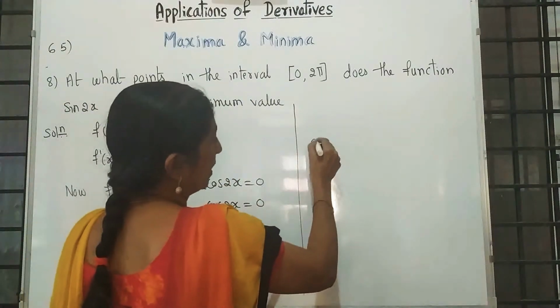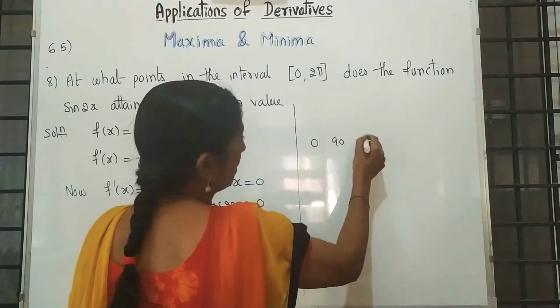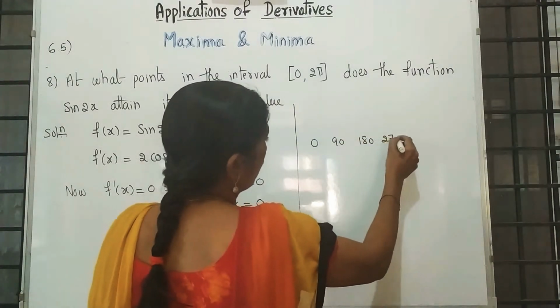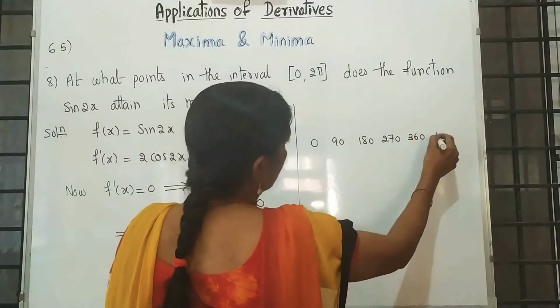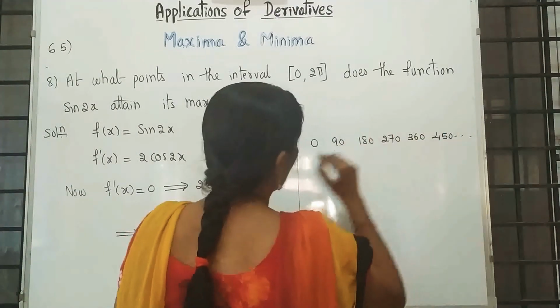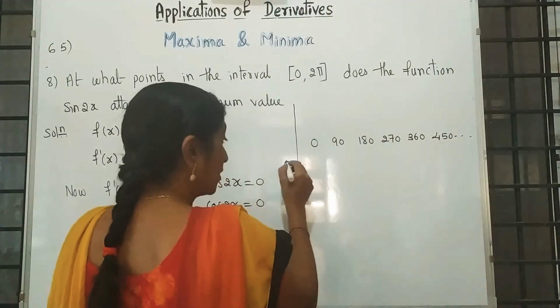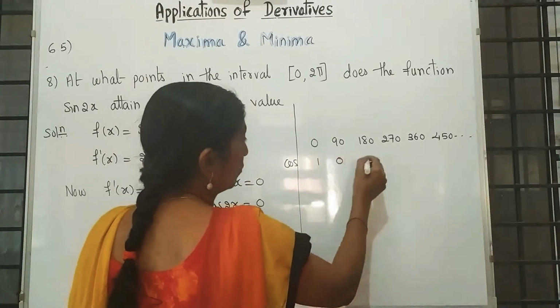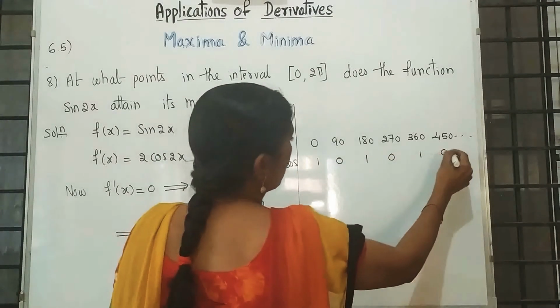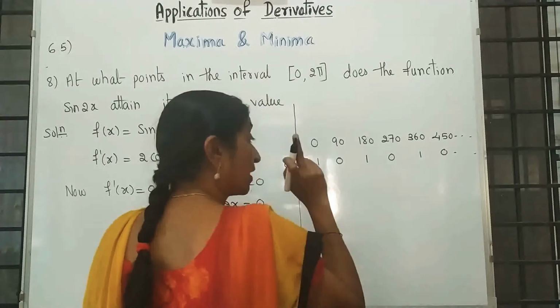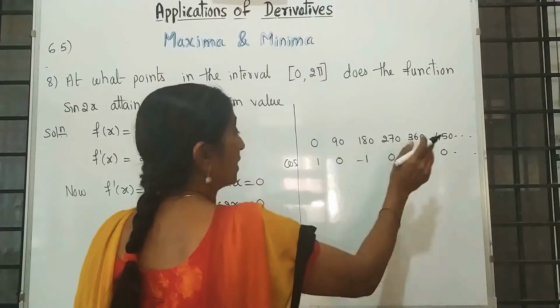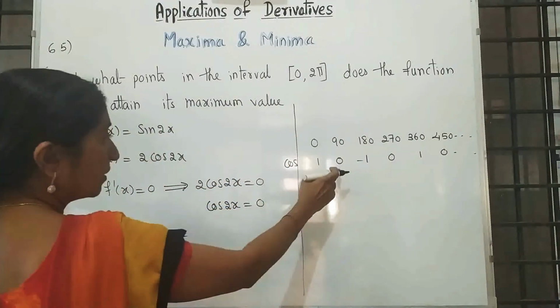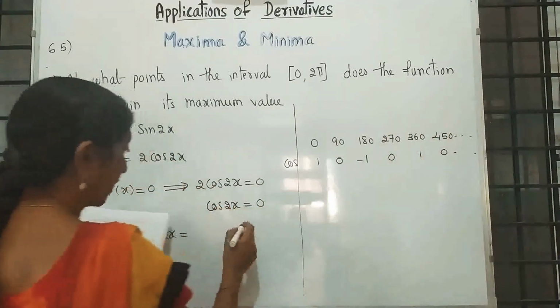See, on the top we are writing 0, 90, 180, 270, 360, 450 and goes on continuing. In that, for cos 0 is what? 1, 0, 1, 0, 1, 0, and for the 1 we have to write the sign plus minus alternatively. See, for 0 what values you are getting?